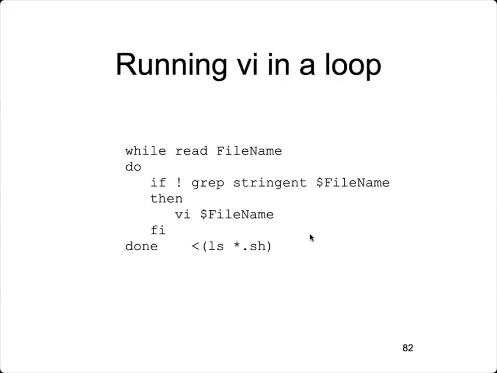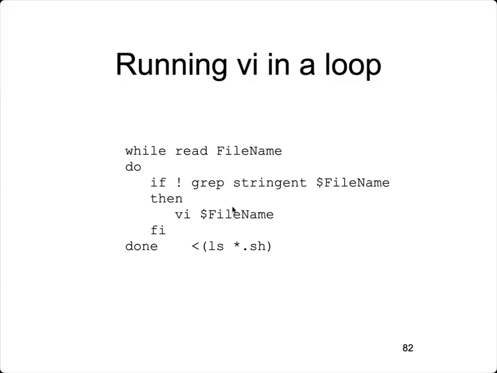Okay. So now that I've convinced you guys that stringent is the greatest thing since bash, I want you to go out and edit all your shell scripts and add stringent into any of them that don't already contain it.